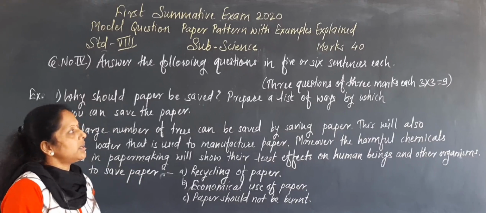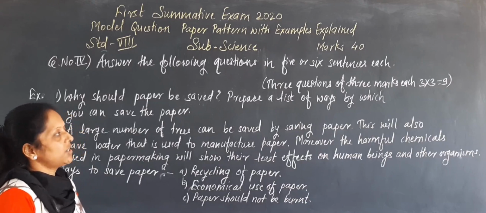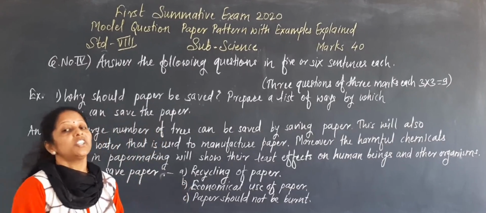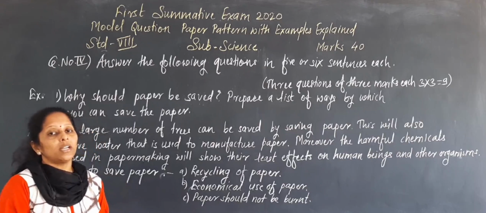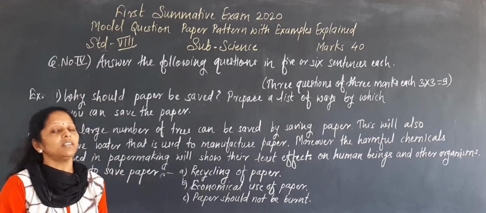This is the main question number 4. This is a 3 mark question. For each question 3 marks are there. 3 questions of 3 marks each, so for question number 4 there are 9 marks in total.